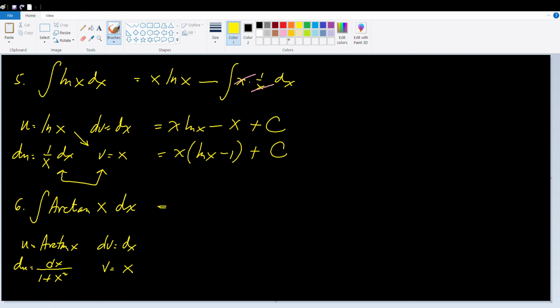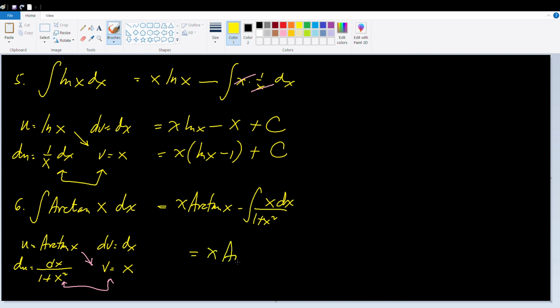So u times v, that gives us x arctan of x. Then v du, so minus the integral of x over 1 plus x squared dx.